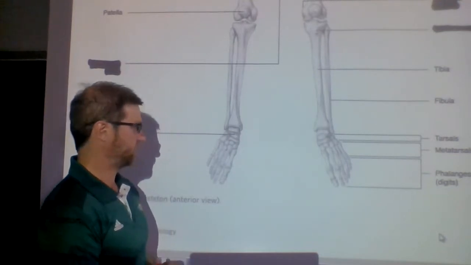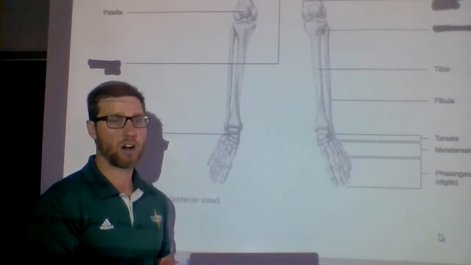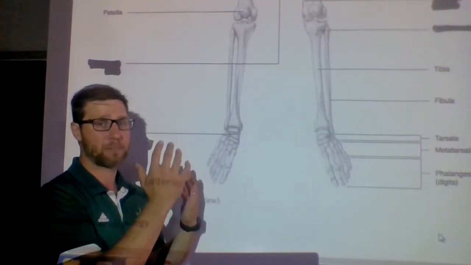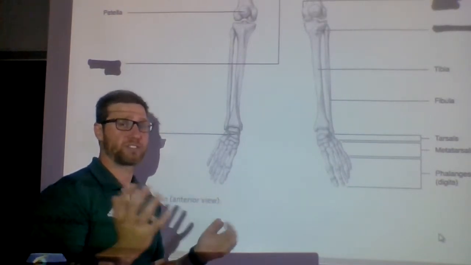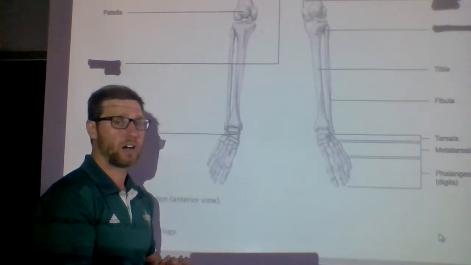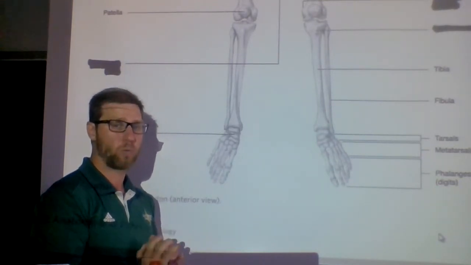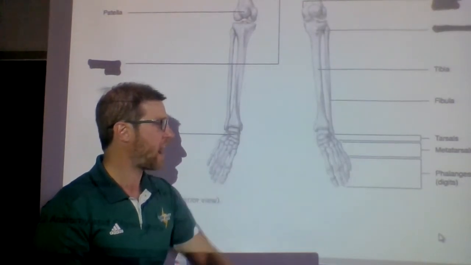Those are the metatarsals on your foot. And then your toes themselves are called phalanges as well. They are the same name as the phalanges in your hand. It's just the phalanges of the foot. So the phalanges of the foot are numbered, just like I said. The big toe is the captain, number 1, and you have phalange number 1, 2, 3, 4, and 5.